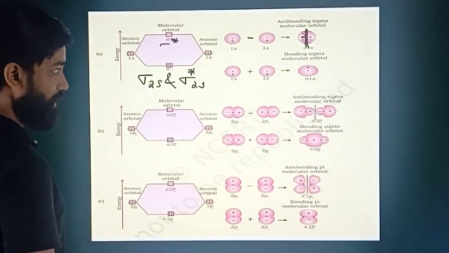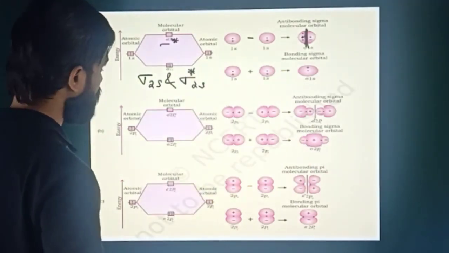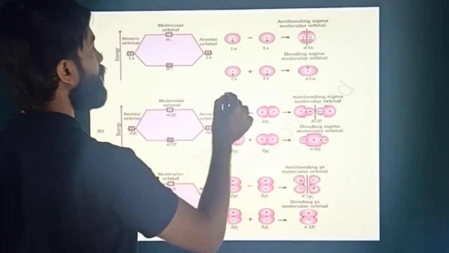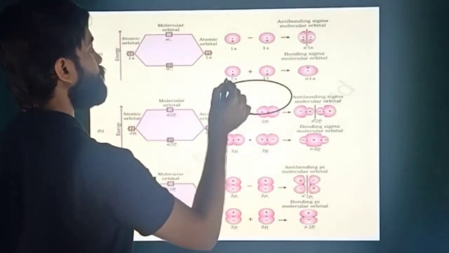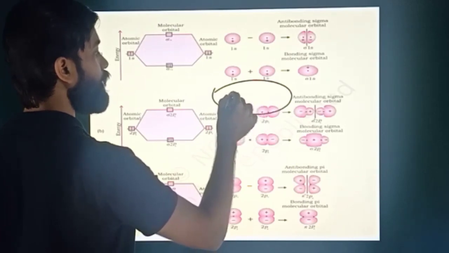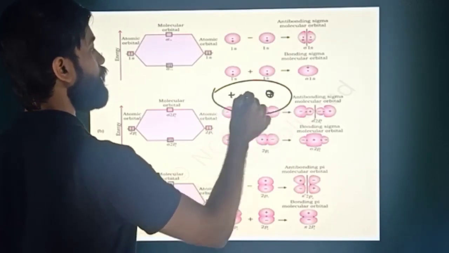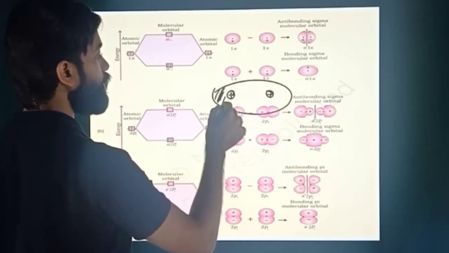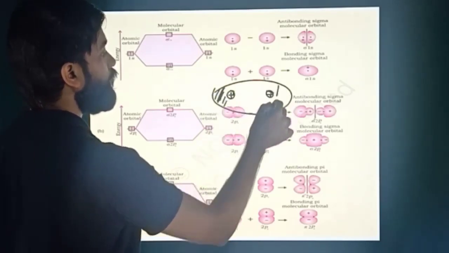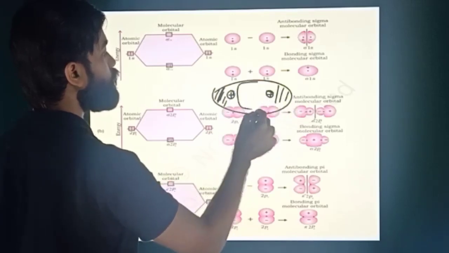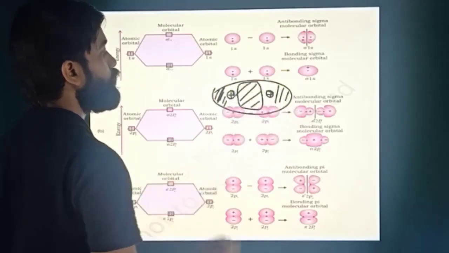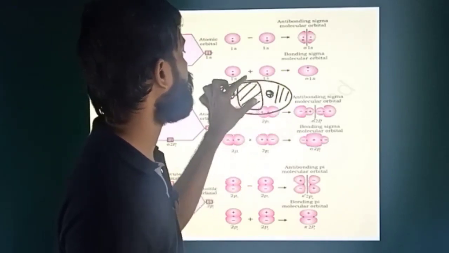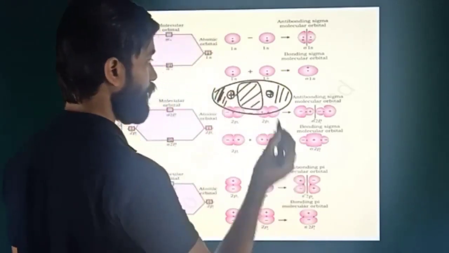It is given in the textbook like this. Actually the shape of sigma 1s is something like this. Here is one nucleus, here is the other nucleus, where a small portion of electron density is here also, and a large portion of electron density is in between the nuclei. So the nuclei are attracted, the electron density is more stable, and that orbital is more stable.